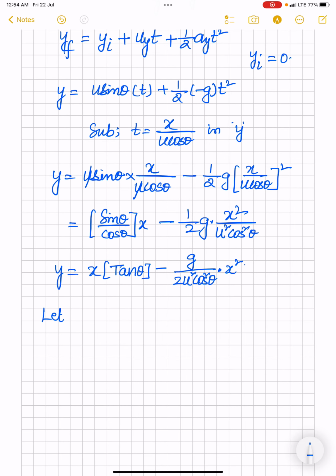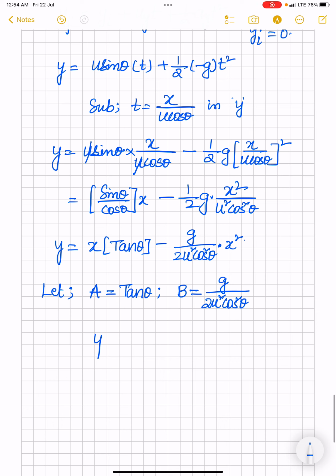Let a be some arbitrary constant, assuming a as tan theta, and let b be g by 2u square cos square theta. So our expression becomes y is equal to ax minus bx square, which is a quadratic equation.